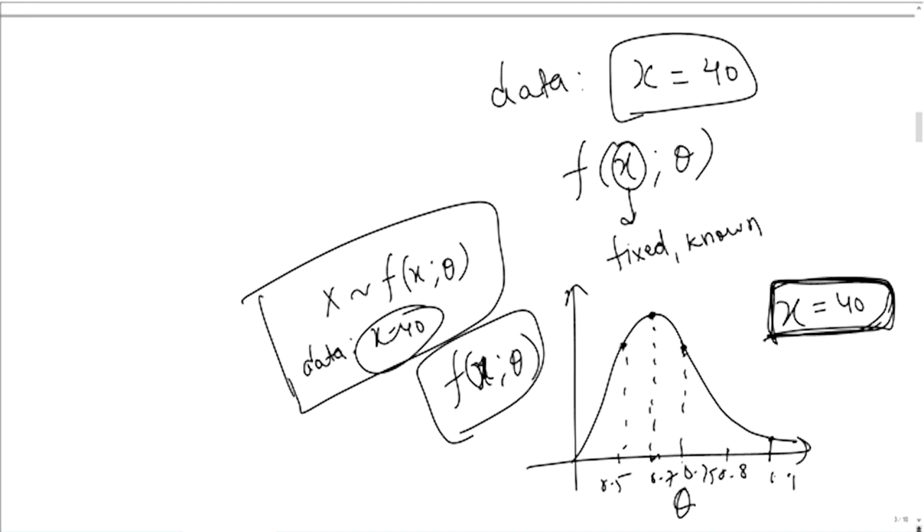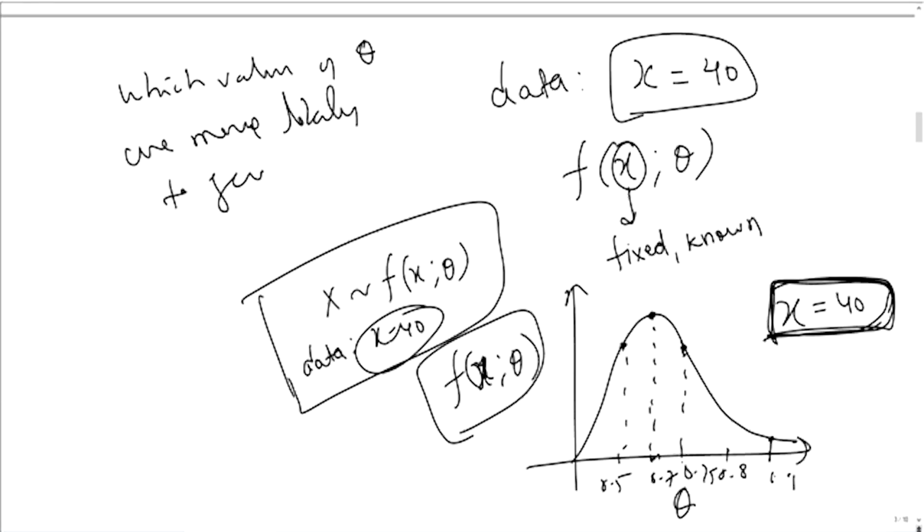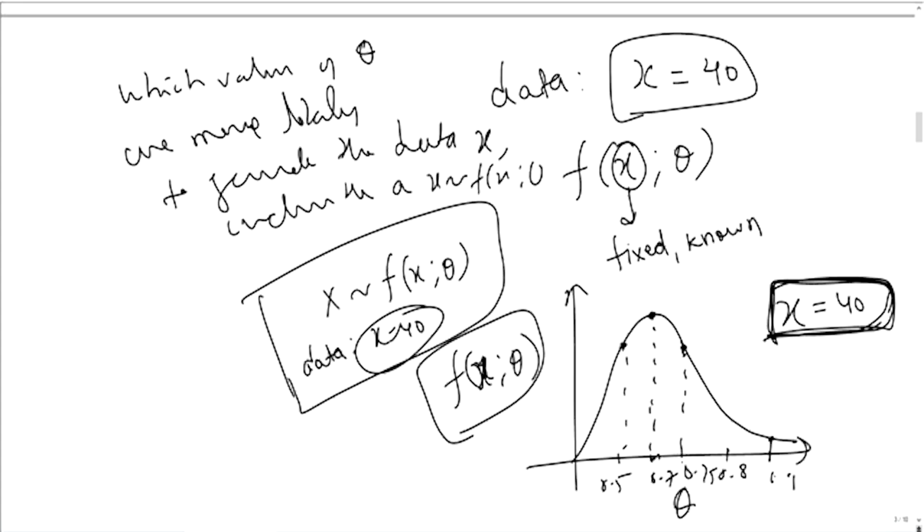So, what this graph is telling you is which values of theta are more likely to generate the data x under the assumption that x comes from f of x theta.